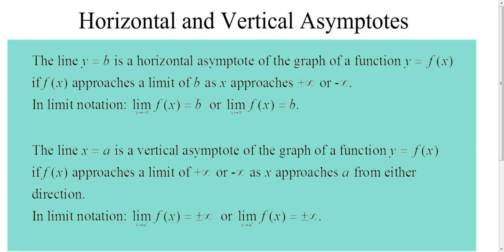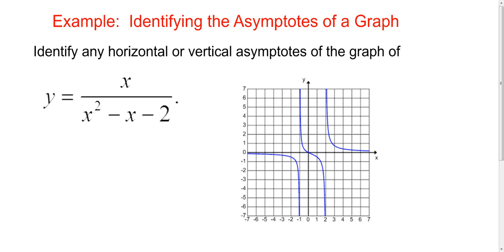All right, then we're going to be looking at some horizontal and vertical asymptotes. Again, horizontal or vertical asymptotes are basically places where your function is undefined. So I can see graphically that I have vertical asymptotes here and here. It looks like it's at -1 and 2.